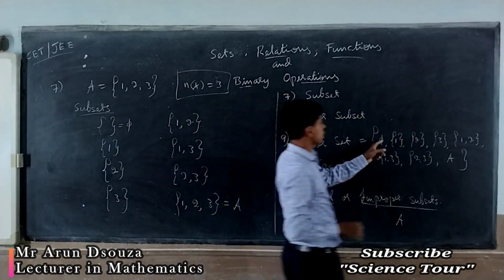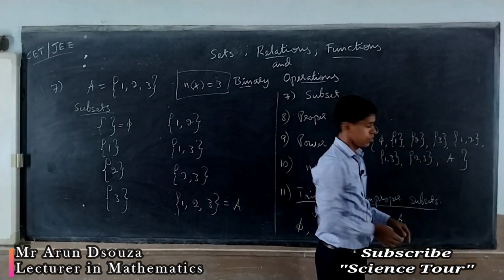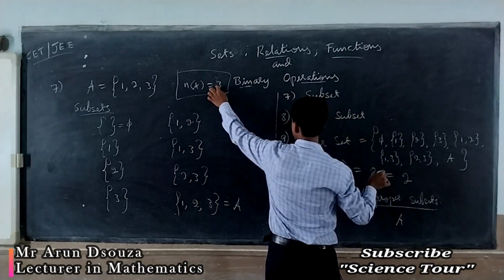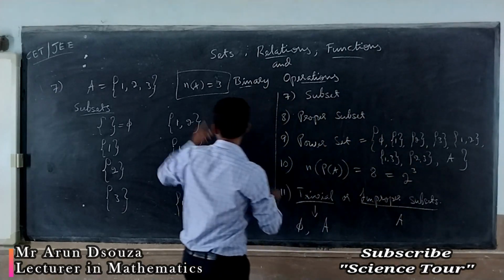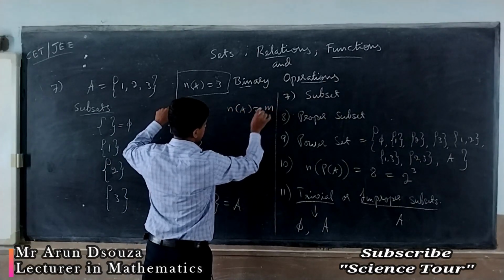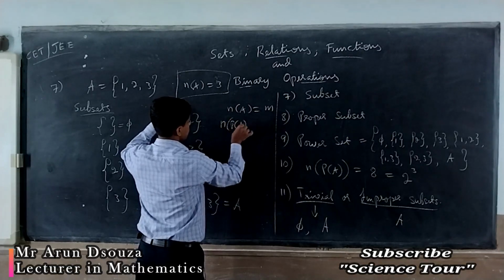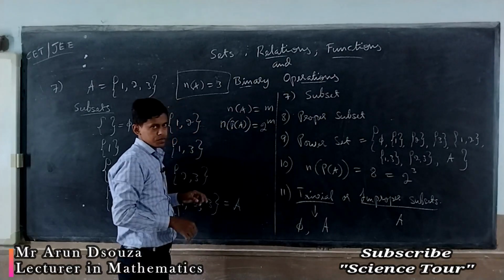And how many elements are there in the power set? 1, 2, 3, 4, 5, 6, 7, 8. You have 8. And what is it in terms of this? 2 cube. So, if n of A is m, then what is n of P of A? 2 raised to m always.